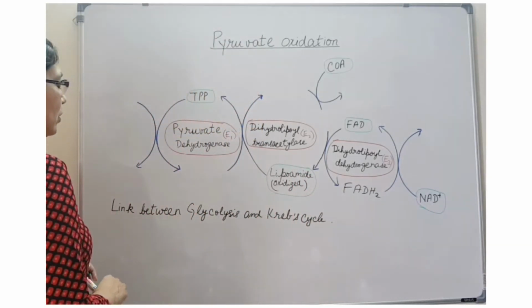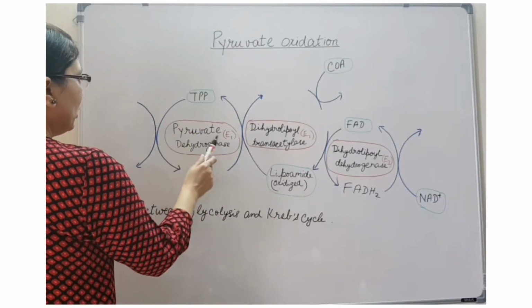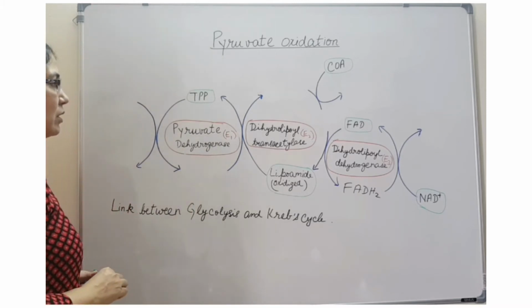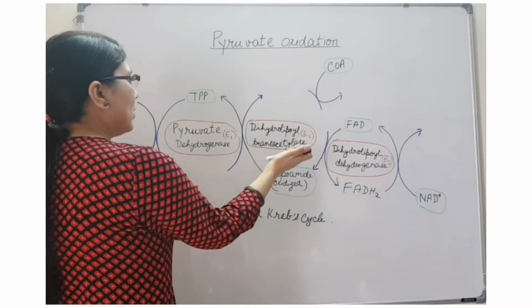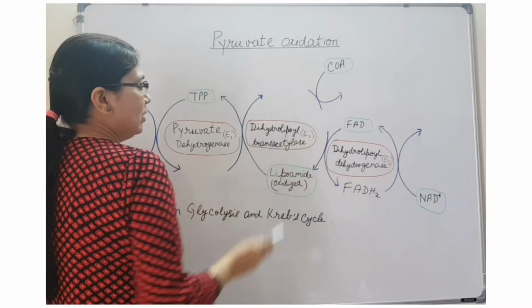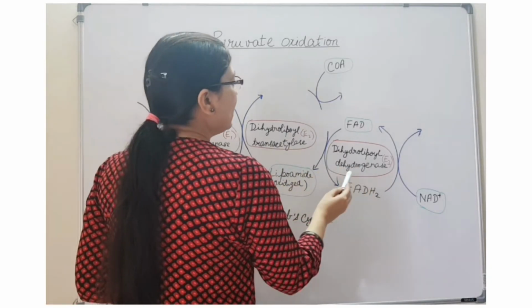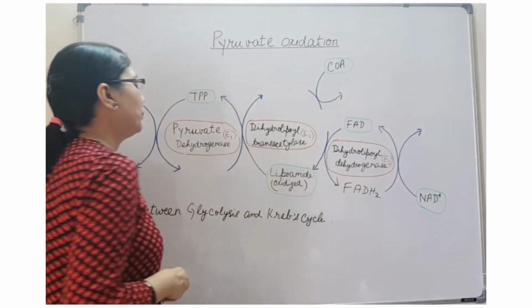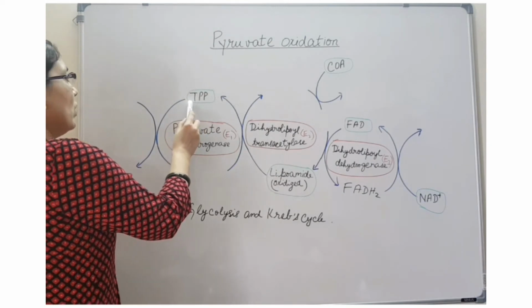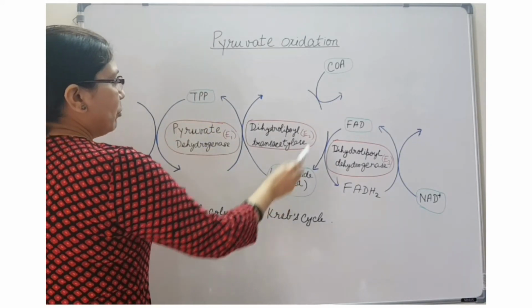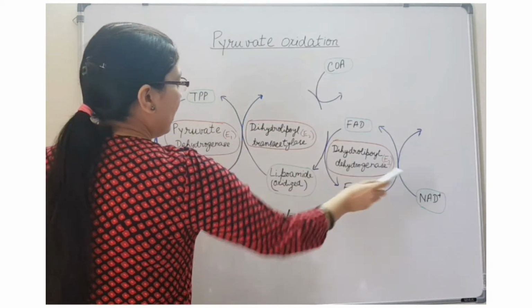Pyruvate dehydrogenase complex is an assembly of three individual enzymes: pyruvate dehydrogenase denoted as E1, dihydrolipoyl transacetylase denoted as E2, and dihydrolipoyl dehydrogenase denoted as E3. Coenzymes are thiamine pyrophosphate, lipoic acid, coenzyme A, FAD and NAD+.